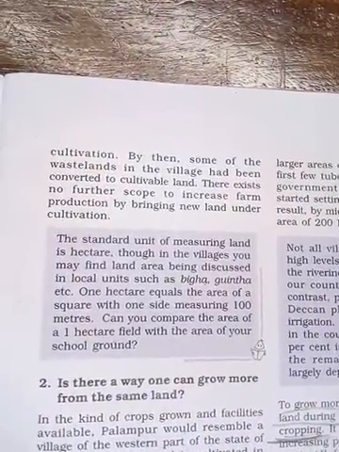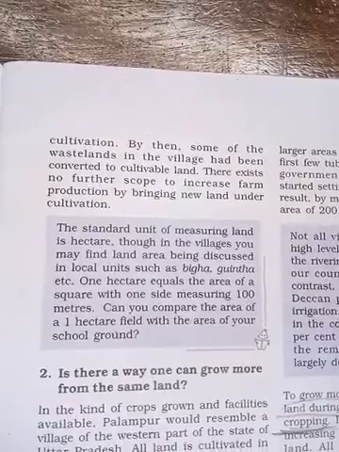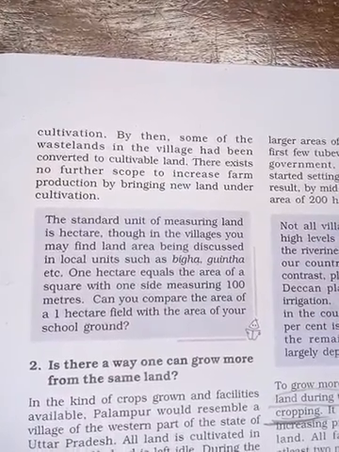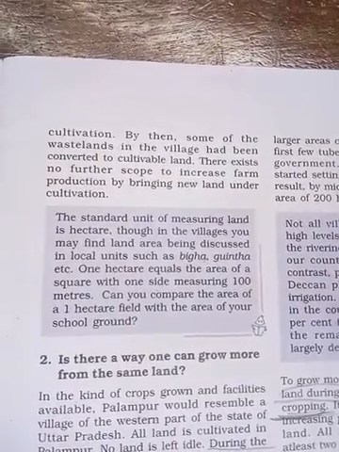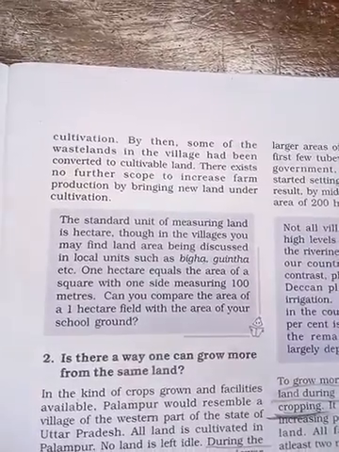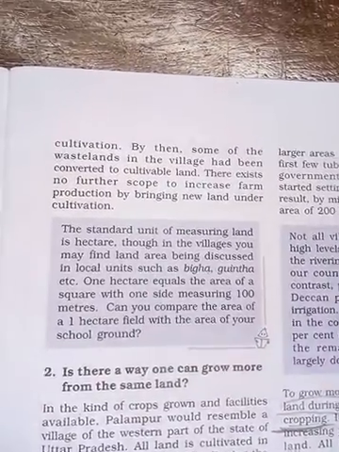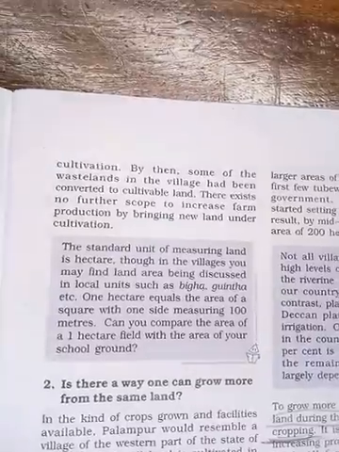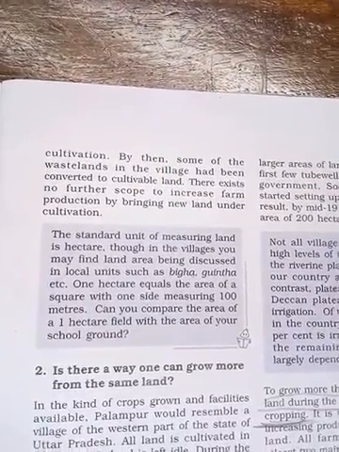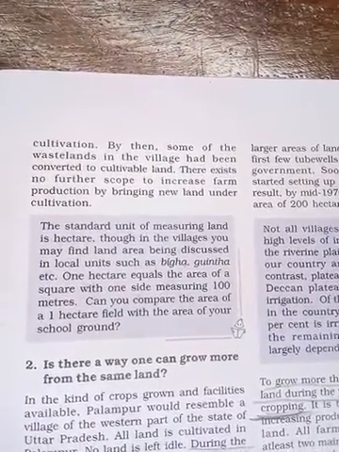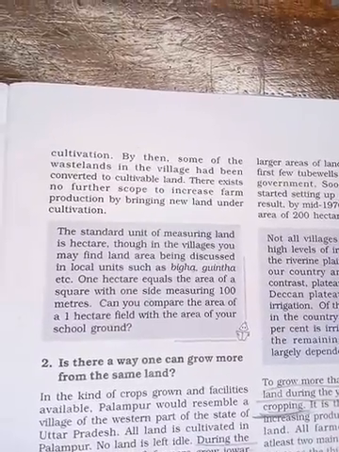But some of the wasteland in the village had been converted into cultivable land. Still, there exists no further scope to increase farm production by bringing new land under cultivation.